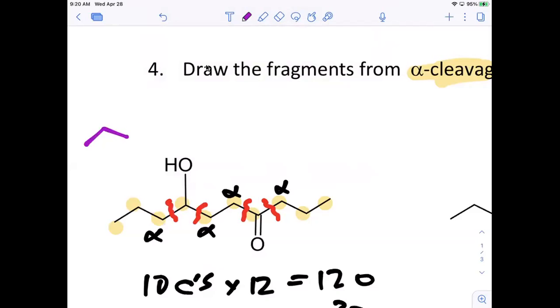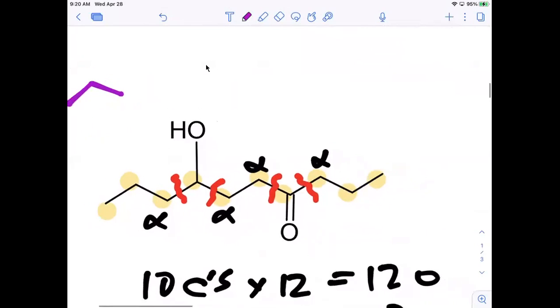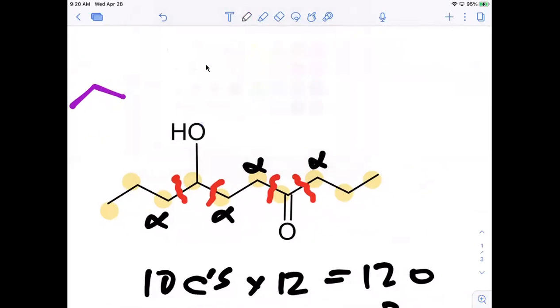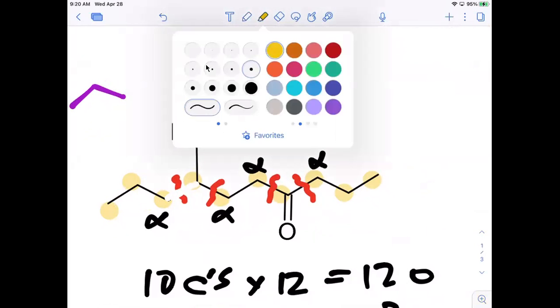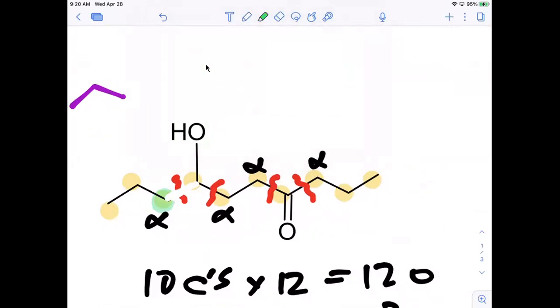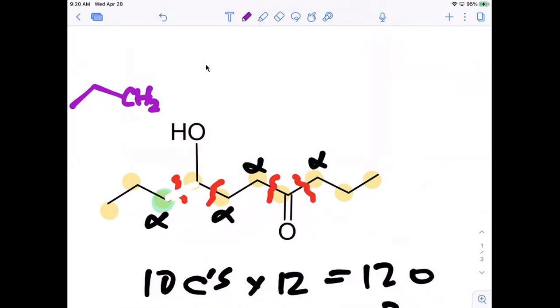Keep in mind when I cleave right here and break that bond, that carbon right here is a CH2, so it's going to be a CH2 over here. That's going to be a fragment.